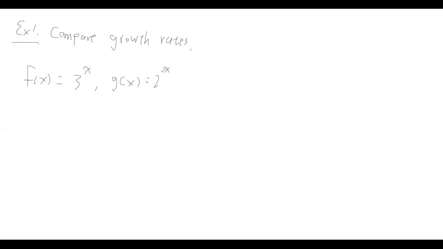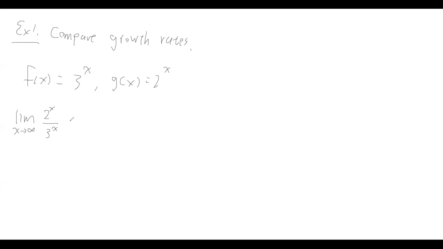Example 1, we have two functions, 3 to the x and 2 to the x. Now, if you guys want to give this a try, feel free to pause the video. All right, so let's do this. As x approaches infinity, I'm going to put g of x on top, and 3 to the x, f of x, on the bottom, and let's see what we have.